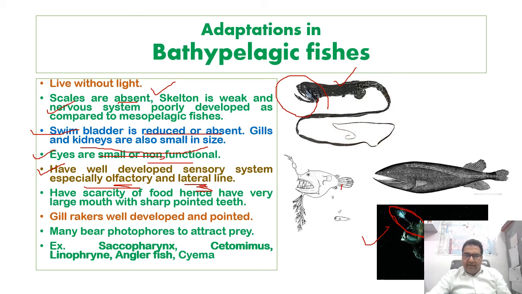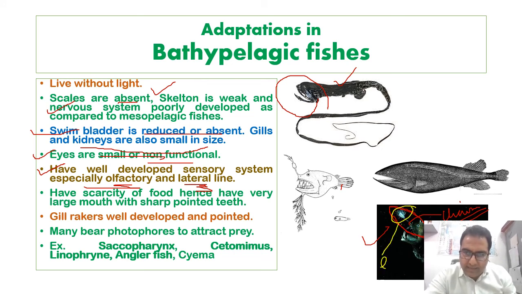In the case of Antennarius, that is the anglerfish, the fishing rod on the head is called the illicium. It bears the artificial bait, which is glowing, called the esca.